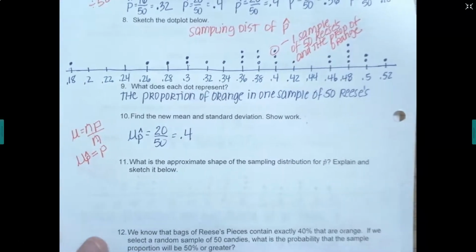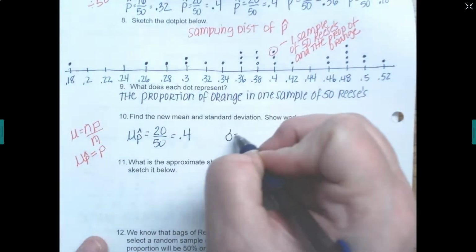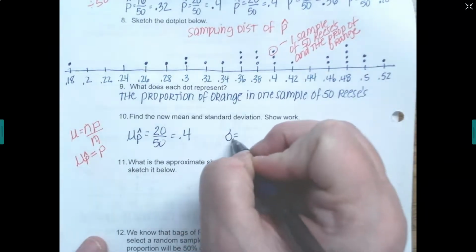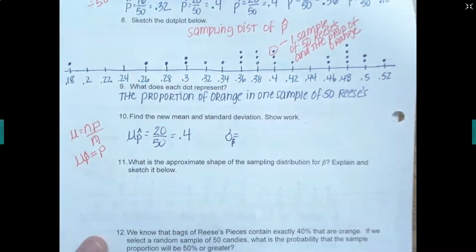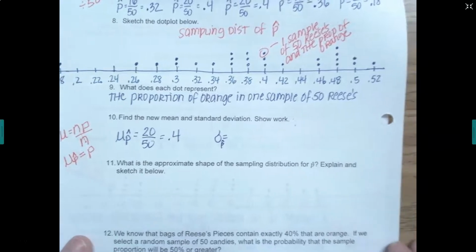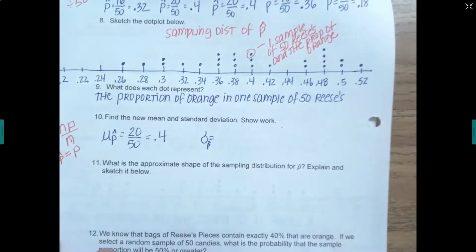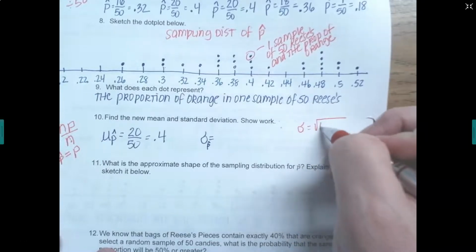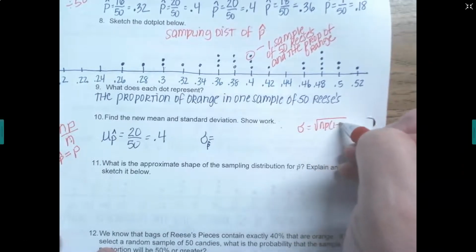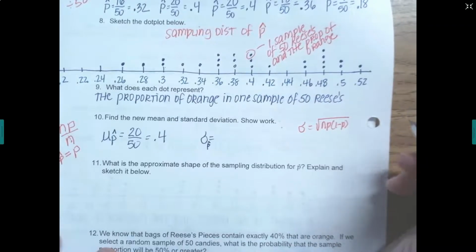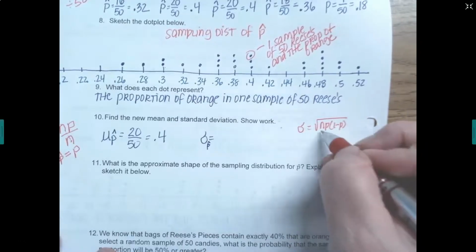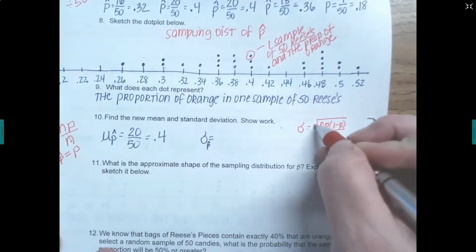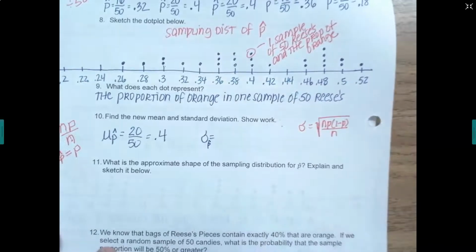Okay, so now to find our standard deviation of p hat, we're not talking about random variable x, we're talking about the p hat. So if you think about it, we had n times p times 1 minus p, and then you've got to divide it by its sample size.